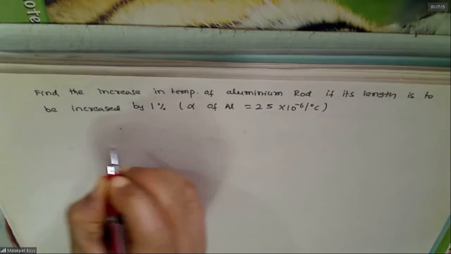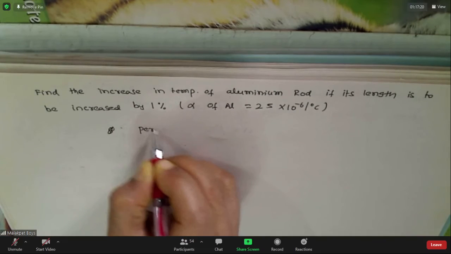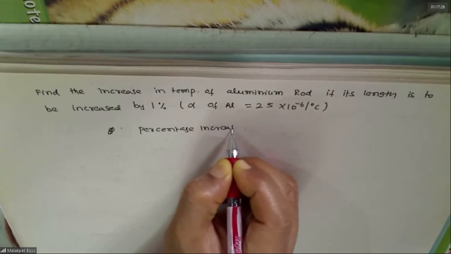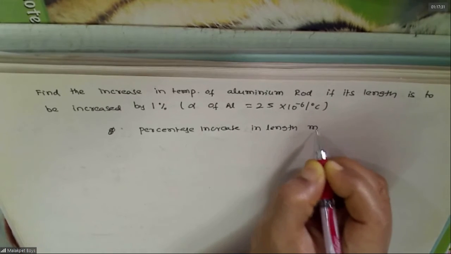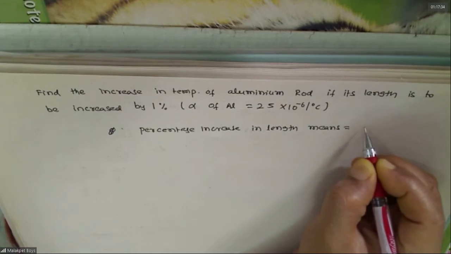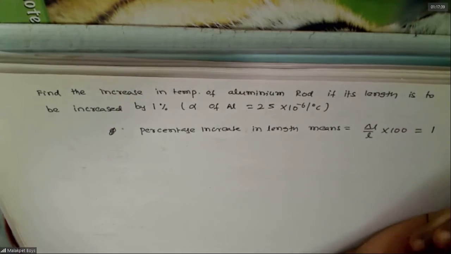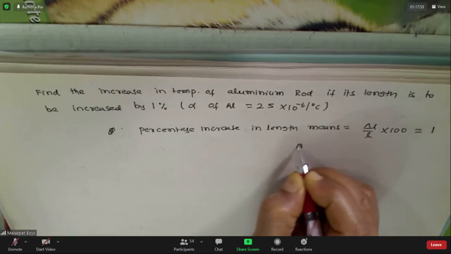What is given? Sir, alpha. Sir, percentage of variability, percentage of increased length. Means delta L by L into 100, no? That he has given as 1. That means percentage means per 100. Agreed?